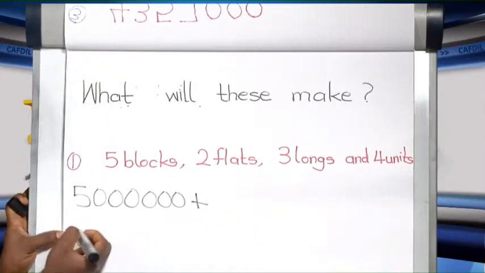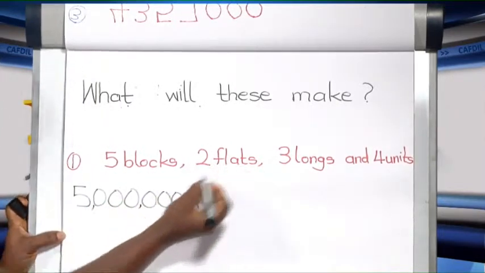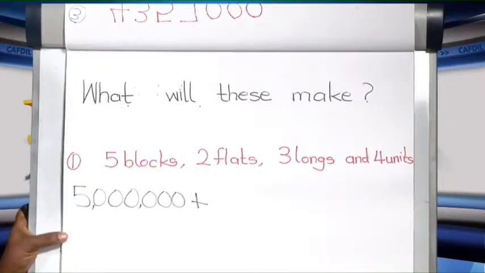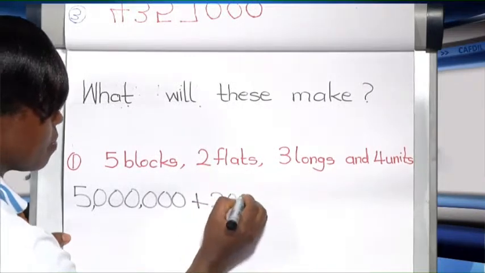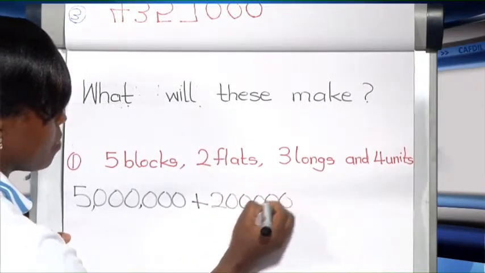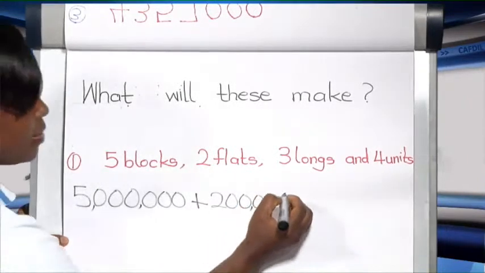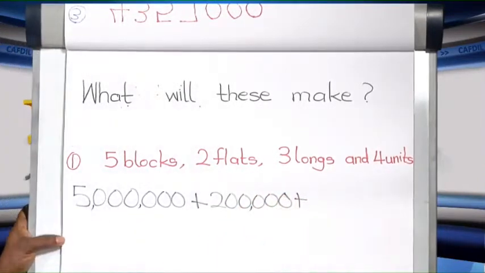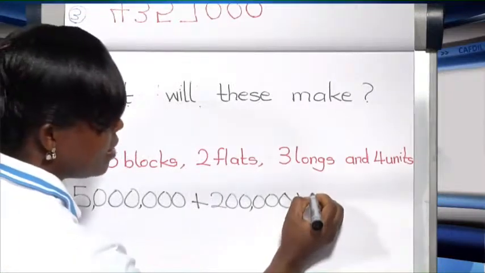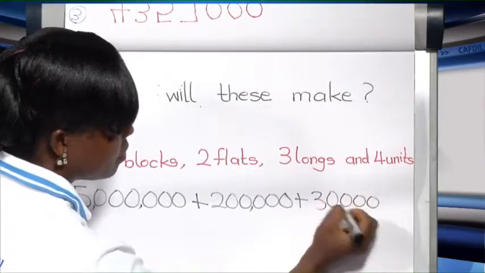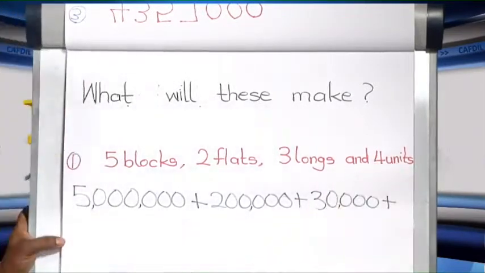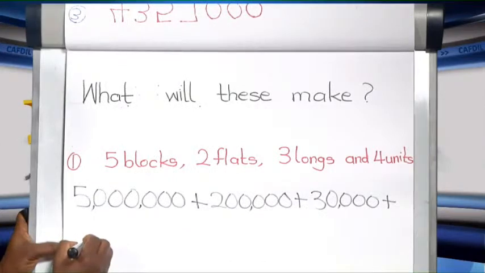Plus 2 flats. And 2 flats will give us 200,000. Plus 3 longs. A long is 10,000. So we're going to have 30,000. Plus 4 units, which is 4,000.